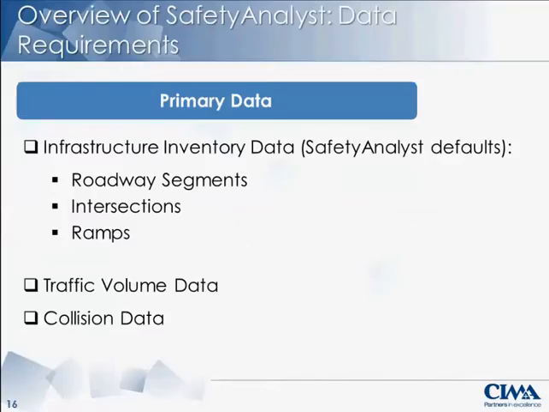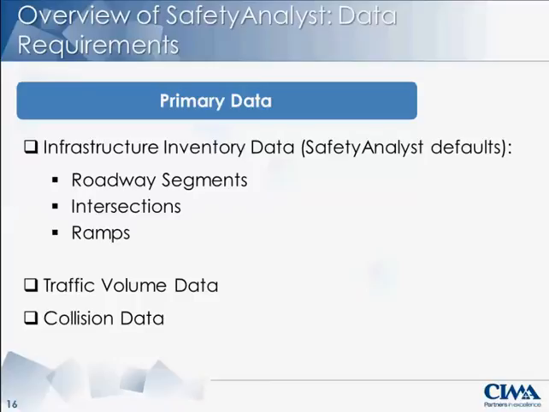All right. So what kinds of data does this software need? The primary data it requires is infrastructure inventory data for roadway segments, intersections and ramps. By inventory data, I mean for a signalized intersection, for example, number of lanes, whether it's signalized or unsignalized, when the traffic signal was installed, and for a roadway, the length of the roadway, number of lanes, and that kind of thing.